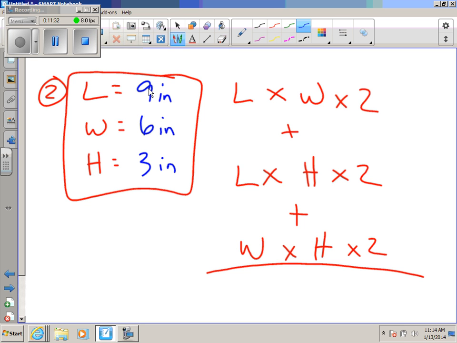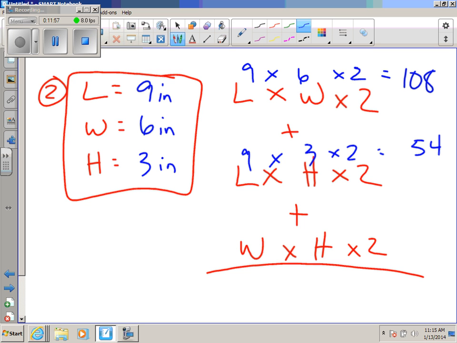So here we go. Length, 9 times the width of 6 times 2. 9 times 6 is 54. 54 times 2? 108. Very good. Length is 9. Height is 3 times 2. So 9 times 3 is 27 times 2 is 54.